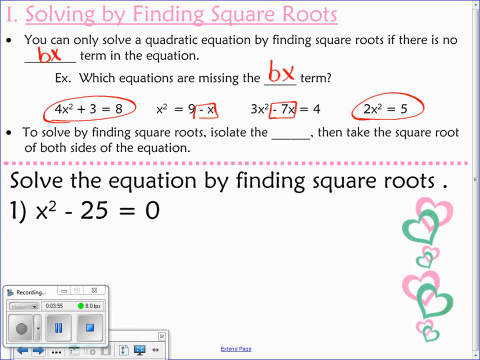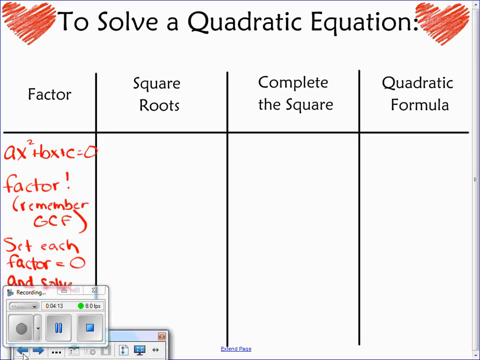All right, to solve by finding square roots, you need to isolate the x squared. What's isolate mean? Good. Get it all by itself, entirely, completely by itself. Then you take the square root of both sides of the equation. All right, so go back to your pink sheet. Let's see if we can write down a couple things here.